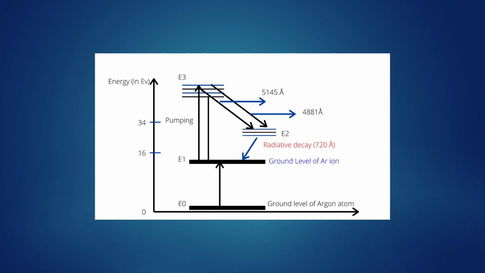From there, those ions come down to the lower energy level, which is E2, and below that there is another level. So, the ground level is different from the lower energy level, and the pump level is different from the upper laser level.